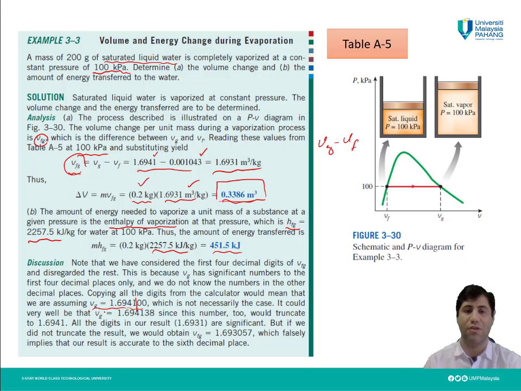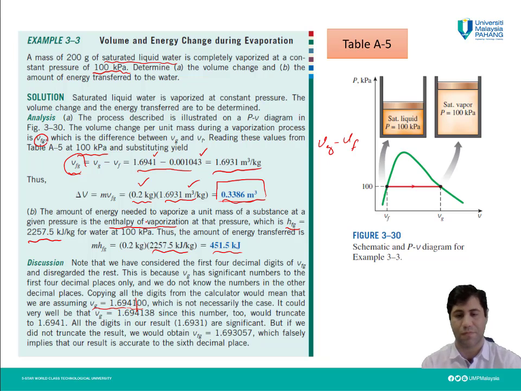So after the calculation also we should have 4 decimal digits, even after this calculation. However, we have 6 decimal digits here, and if we write this in the calculator, it will give us 6 decimal digits, but we should keep just this many decimal places, because for VG we have only 4 significant decimal digits.